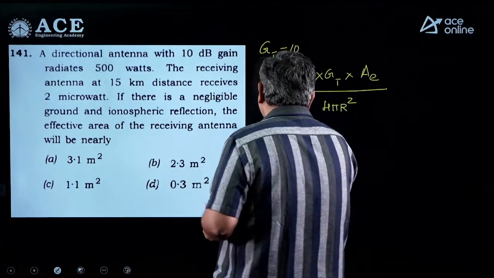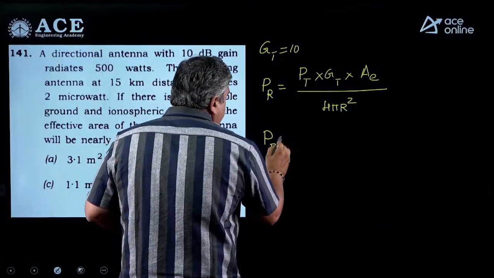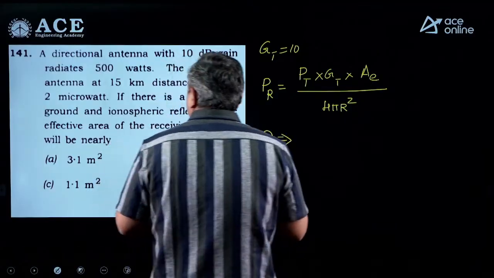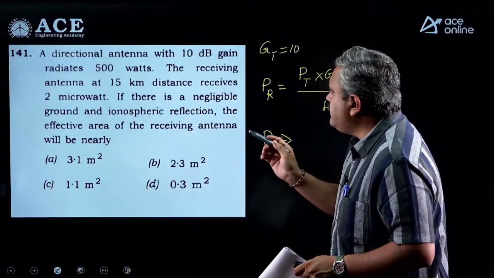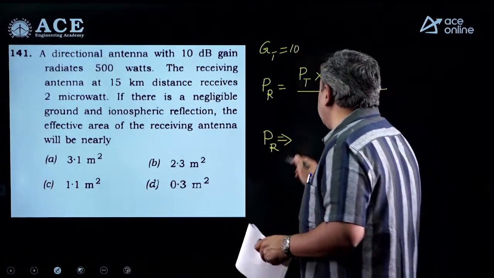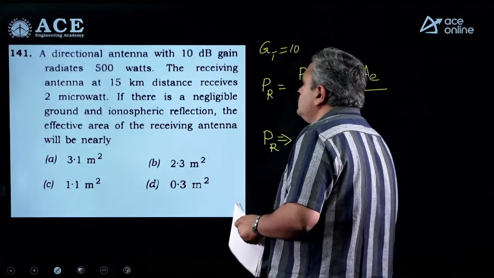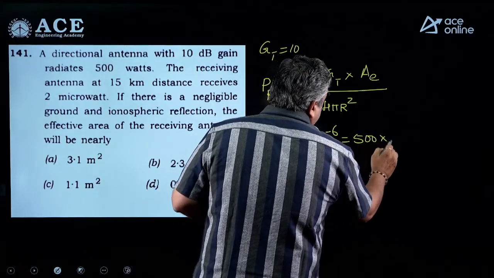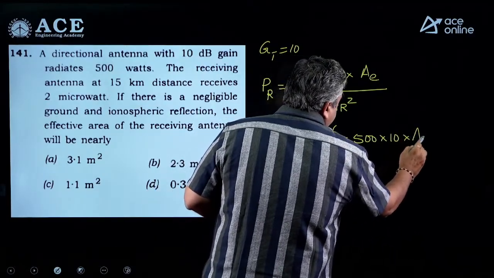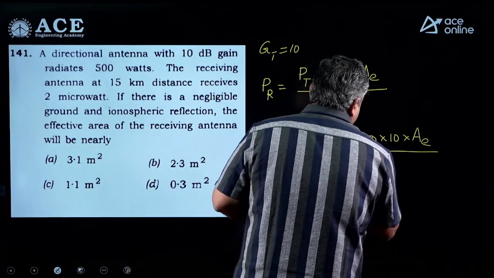So, what are the values given to us? The power of the signal coming at the input of the receiver is given as 2 microwatt, and it radiates 500. So, 2 into 10 to the power of minus 6 equals power radiated by the antenna, 500, times gain of the transmitter, 10 dB meaning 10. You have to calculate the effective aperture, that is the area, divided by 4 pi distance square.